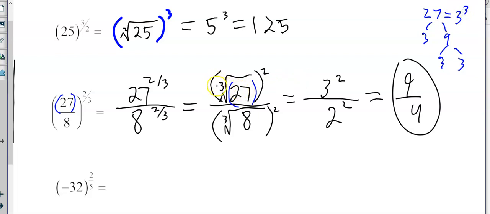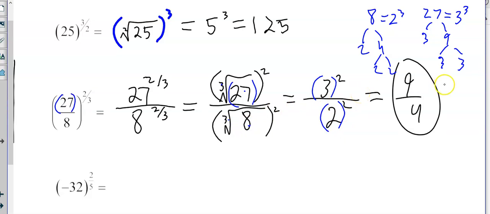That's why the third root of 3 to the third is 3, right? That's why that simplifies to just 3. Same thing with 8. If you don't know the prime factorization, do it. 2 and 2. So that's 2 to the third. So the third root of 2 to the third is 2. And then 2 squared is 4.